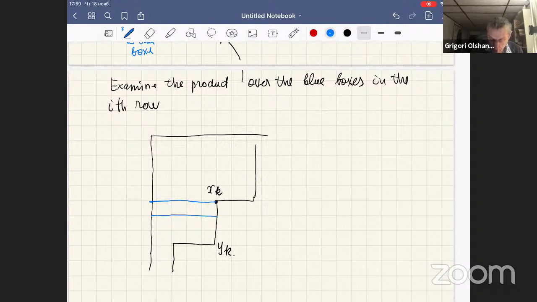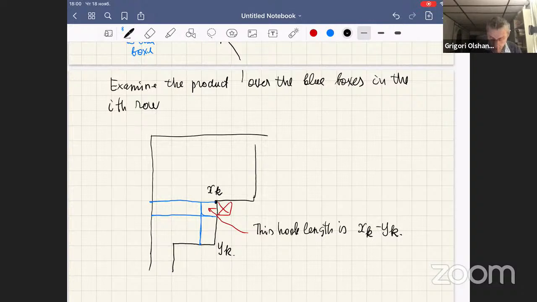So look first at this box. And don't forget what we have here. This one. So this hook length is xk minus yk, okay?